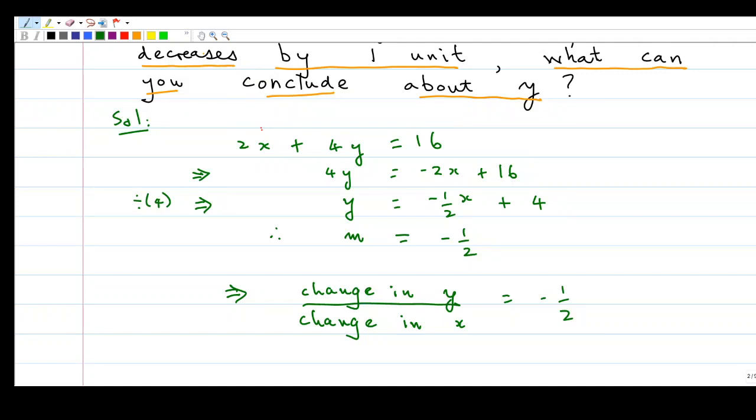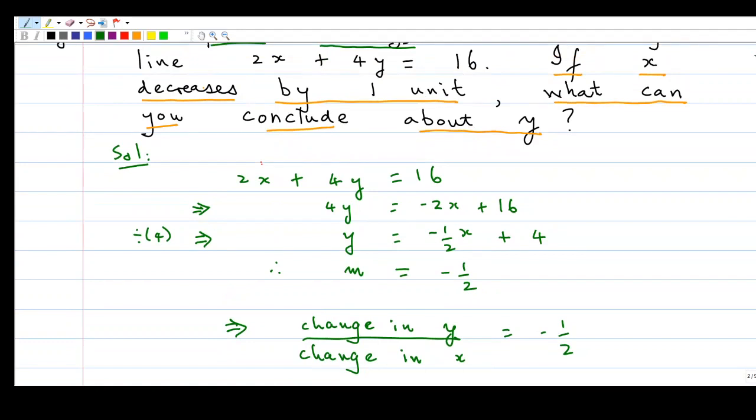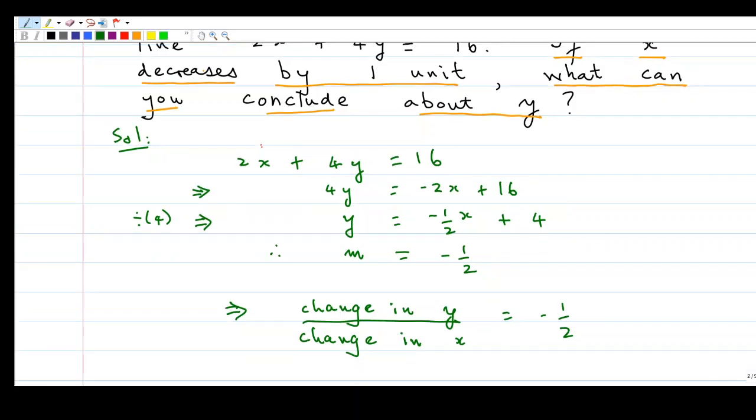We want to make a conclusion about y if x decreases by 1 unit, right? So rewriting this, your x is decreasing by 1 unit, so that means negative 1. The change in x is negative 1, right?